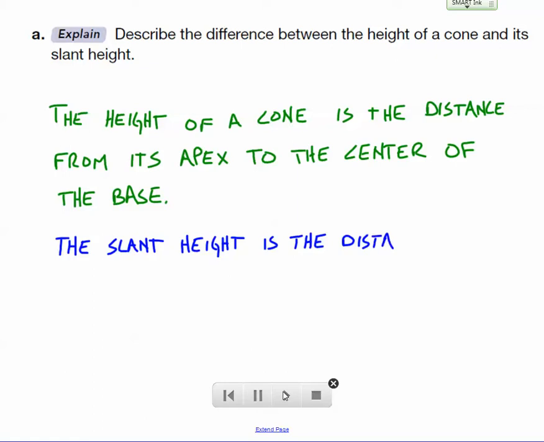The slant height is the distance from its apex to the edge of the base.